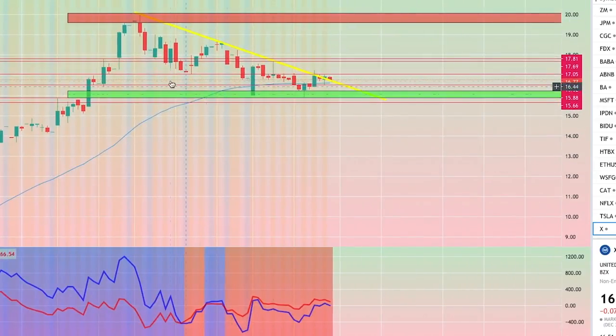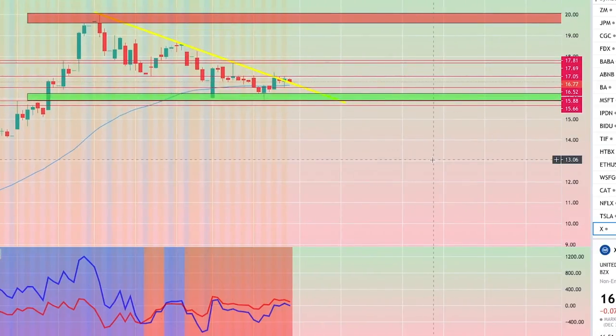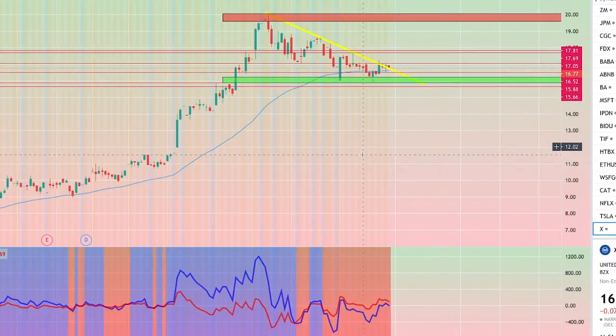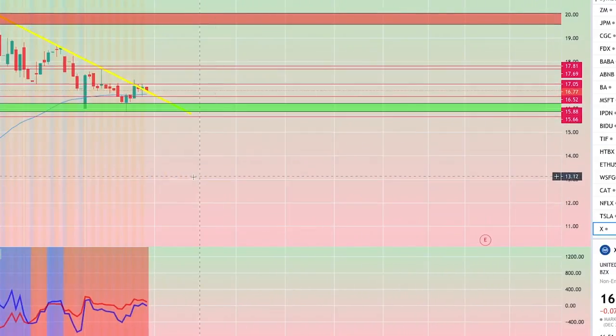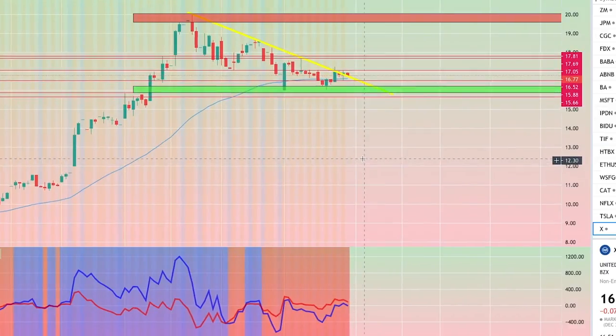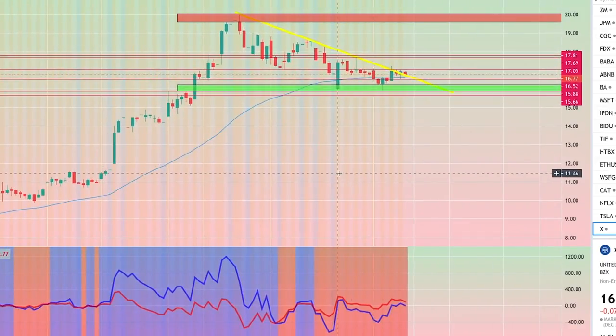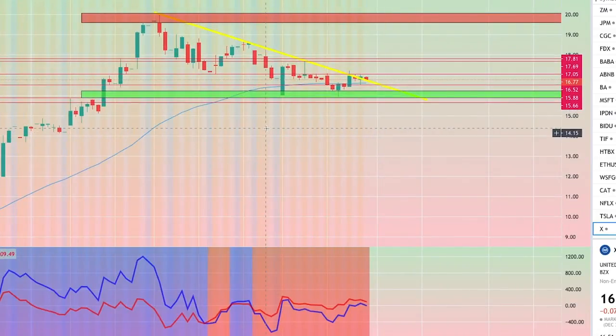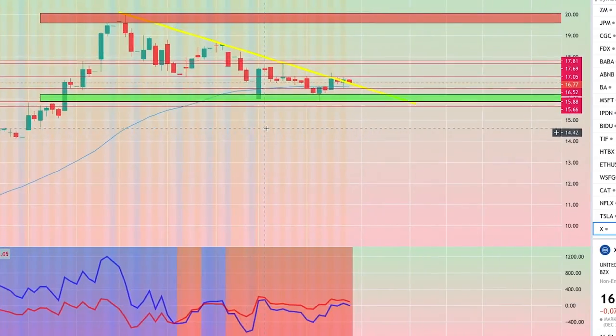This green section here is where, from historical price points, we know buyers have taken over the stock price and created a surge. And the red zone, which is your supply zone, is effectively where sellers have taken over and caused the price to move downwards. A very simple understanding to get from this, and hopefully it's easy for most of you to understand. If anyone's struggling with this, just let me know in the comments and I'll try and elaborate a bit further on these demand and supply zones. But it's essentially where sellers or buyers take over the stock price.